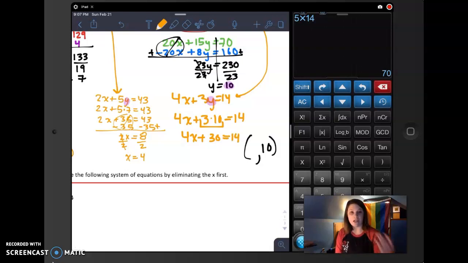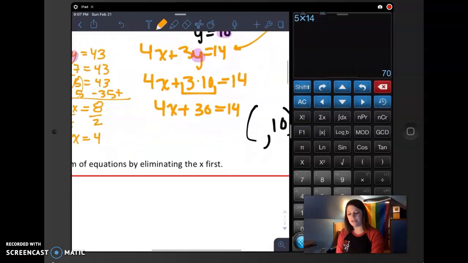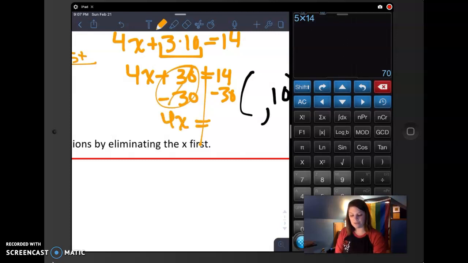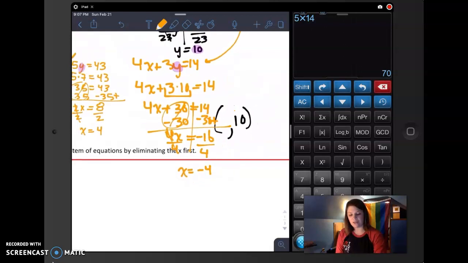You got to take care of the multiplication before you can start undoing things and getting x alone. All right, now it's just a two-step. 4x is equal to negative 16. Remember, you're adding from top to bottom. 14 plus negative 30. Divide by 4 on both sides, and we get x is equal to negative 4.